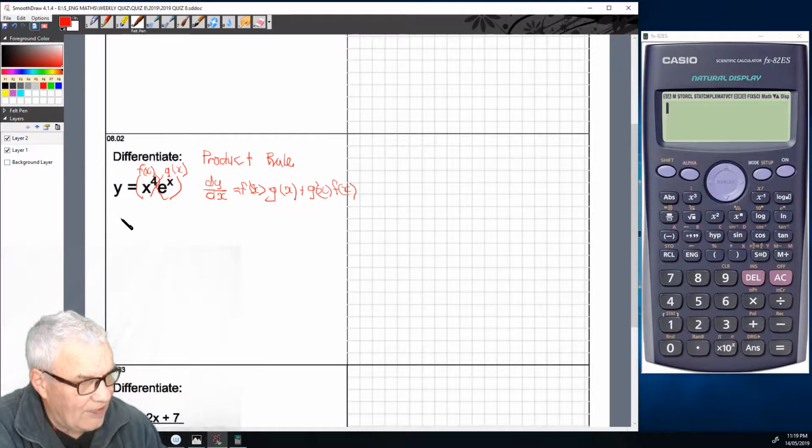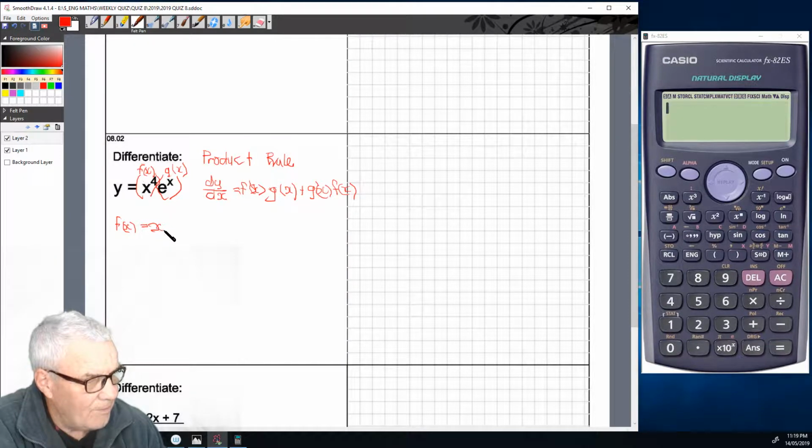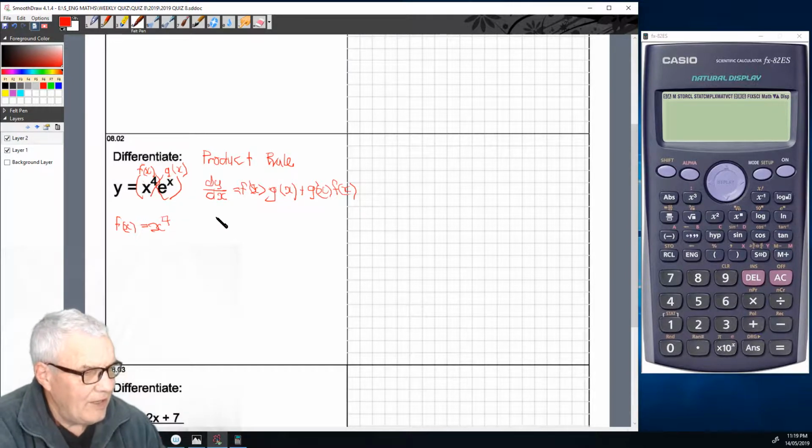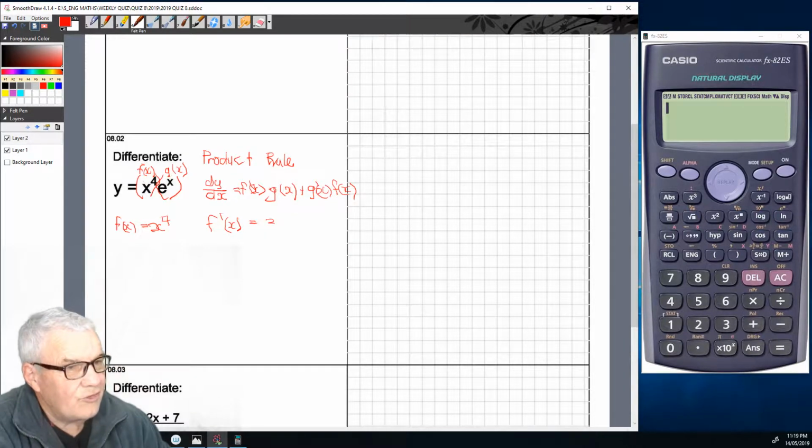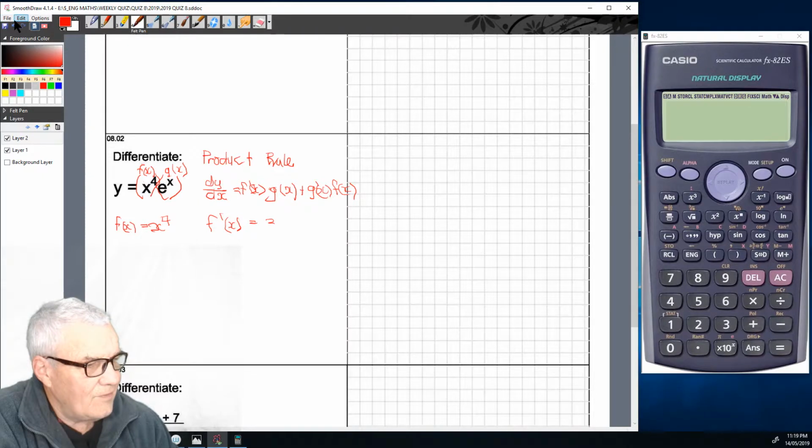So let's say we've got f of x, to be absolutely clear, f of x equals x to the power of 4. Okay, and so differentiation of x, f dashed x, equals 3, oh no, sorry, I slipped up there.